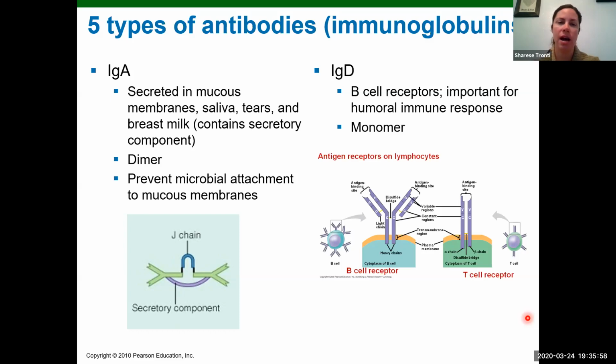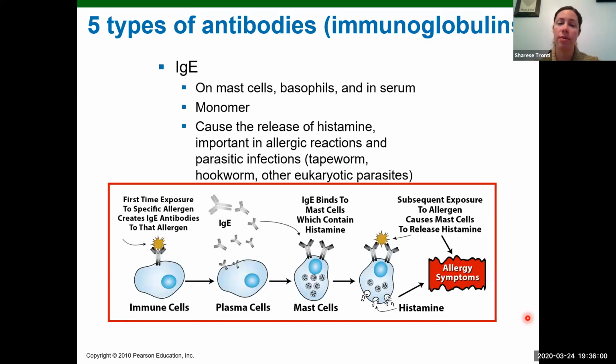And lastly, IgE. IgE is another monomer, and it is on mast cells, basophils, and it can also be found in the serum. And where this is important is if an IgE antibody that's on the surface of these mast cells comes into contact with antigen, the antigen would bind here, then that is going to cause the mast cell to produce histamine. And we are familiar with histamine in the allergic response.